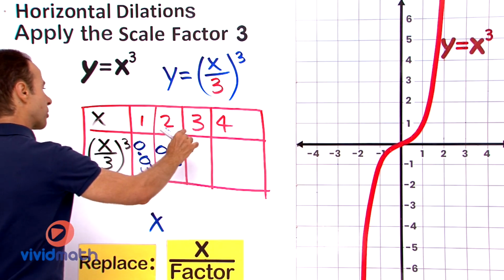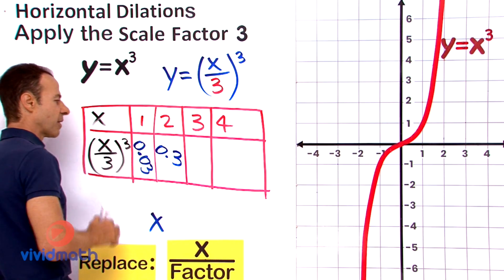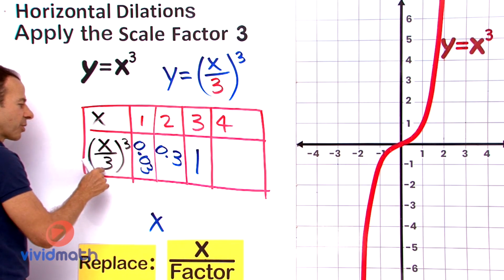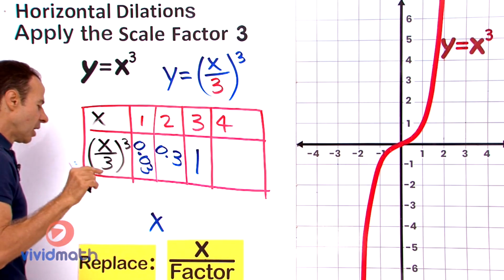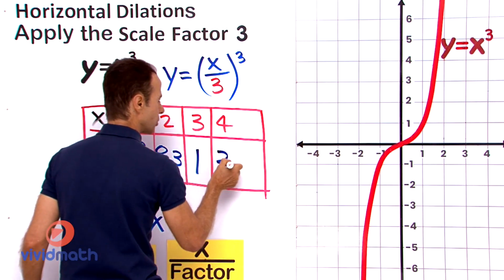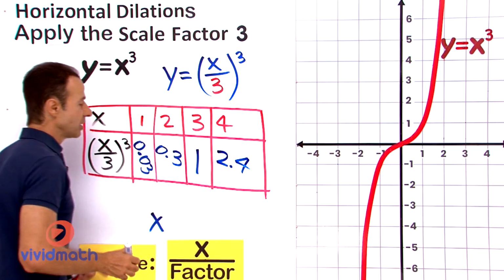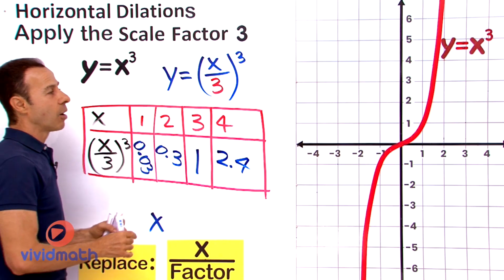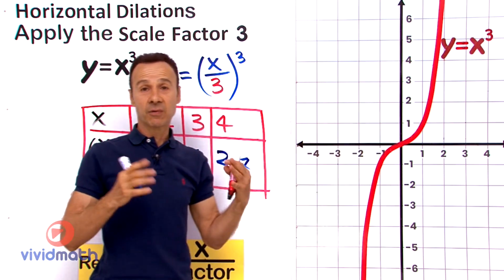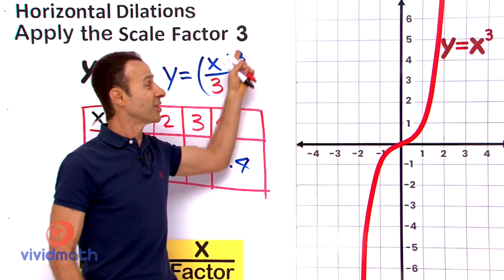Now let's put in the value 3. 3 over 3 is 1. 1 to the power of 3 is just 1. Now 4. 4 over 3 is 1 1/3. 1 1/3 to the power of 3 on your calculator is going to give you approximately 2.4. So that's going to give us a good idea of how much wider it's going to be than the original parent function. And of course, we're guessing it's going to be 3 times wider.